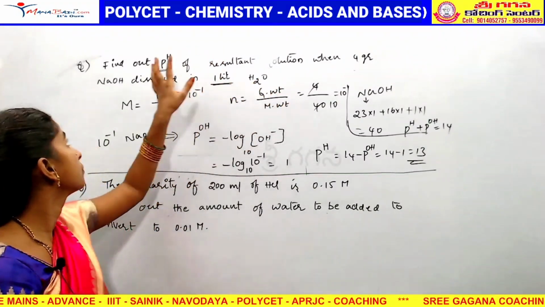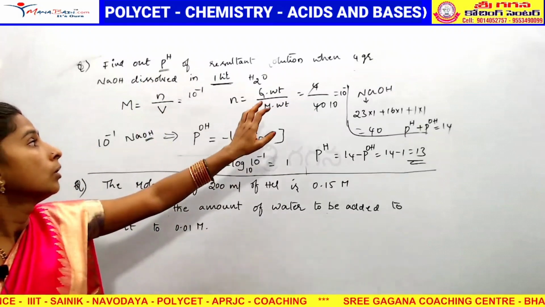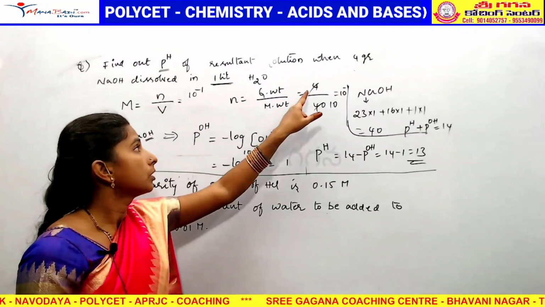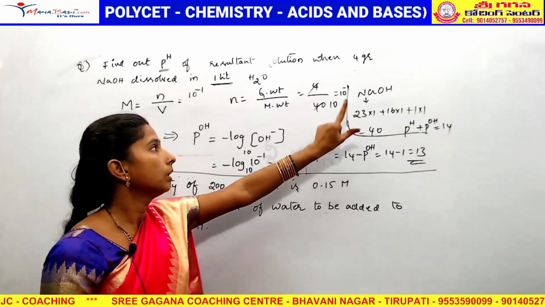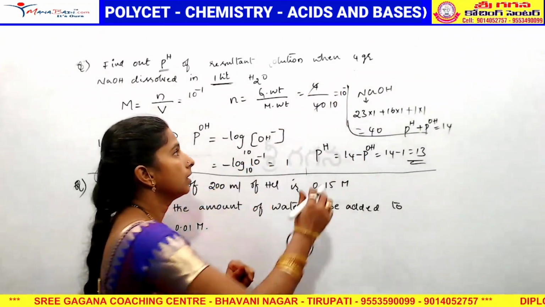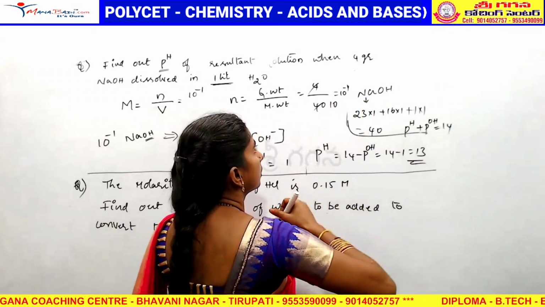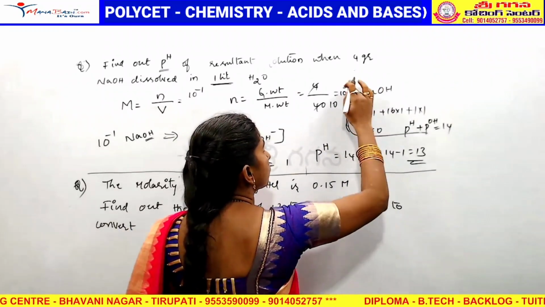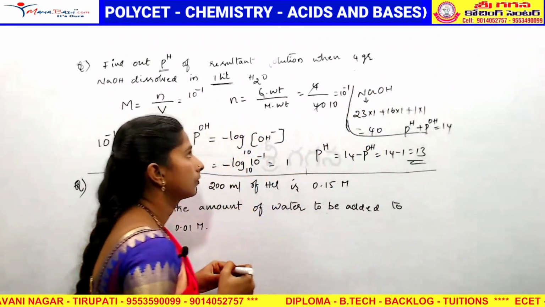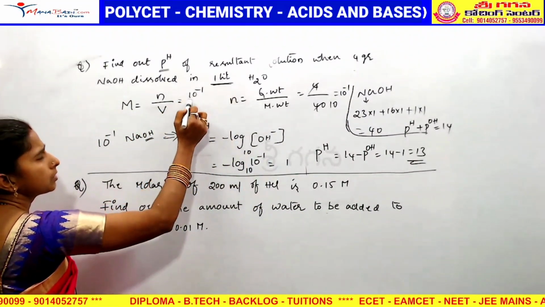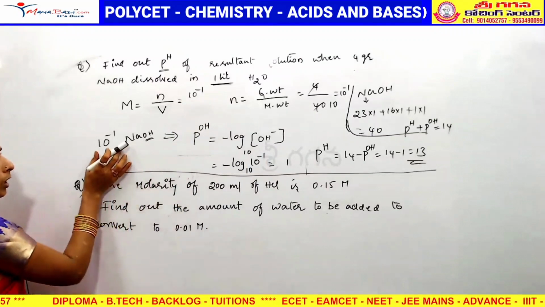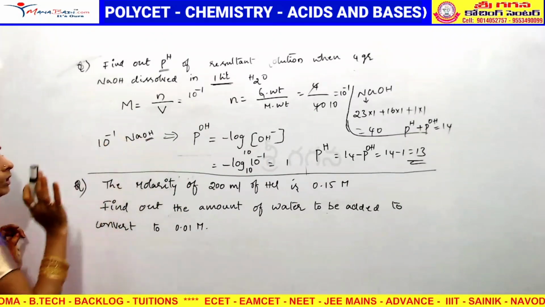They gave 4 grams of NaOH in 1 liter of solution. Number of moles is 4 by 40. What is this 40? The molecular weight of NaOH. So we get 10 power minus 1. This is the number of moles. Number of moles by volume, and the volume is obviously 1. So the molarity is 10 power minus 1 NaOH.